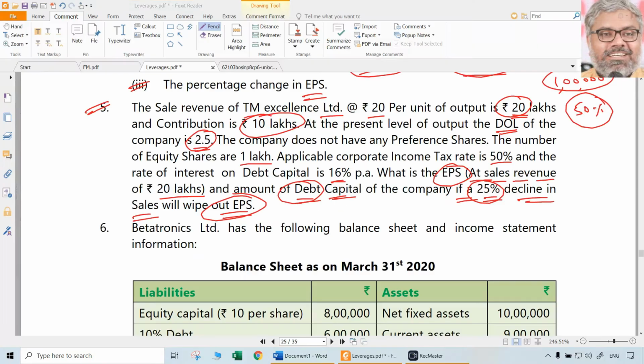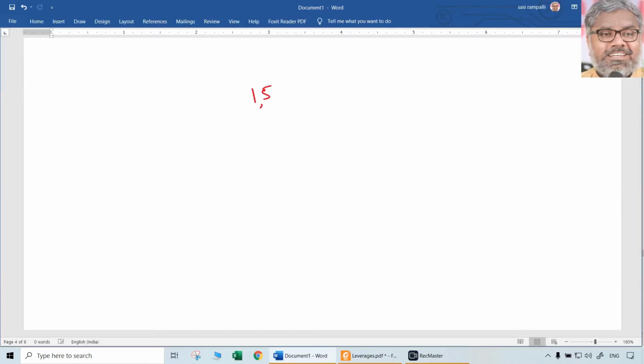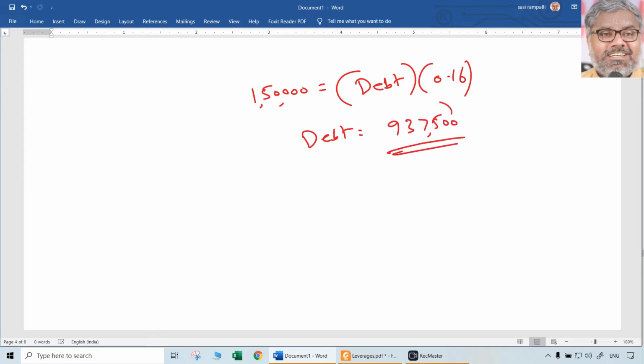So interest 1,50,000 at what rate? 16% per annum. So 1,50,000 is equal to whatever debt that is, multiplied with 16%. So how much is debt? Simple. 1,50,000 divided by 0.16. That will be 9,37,500. That is one answer.